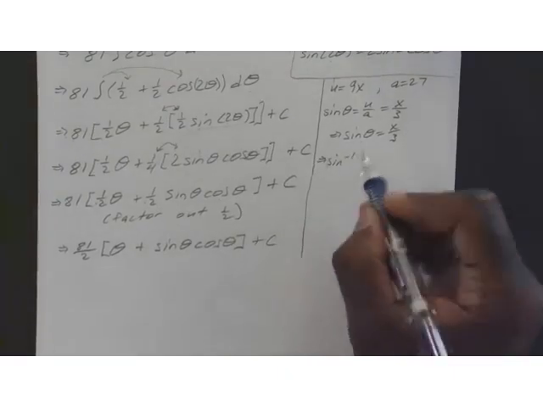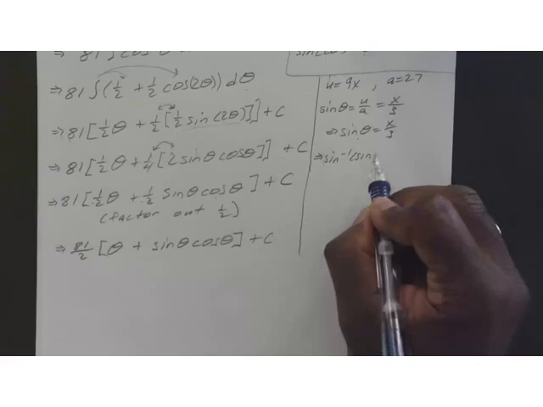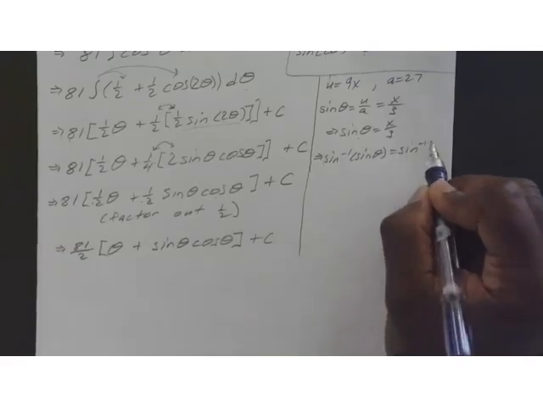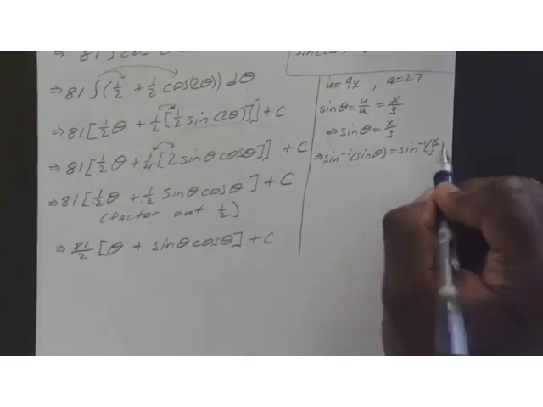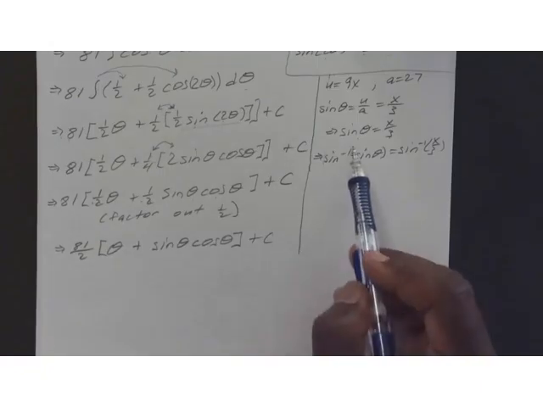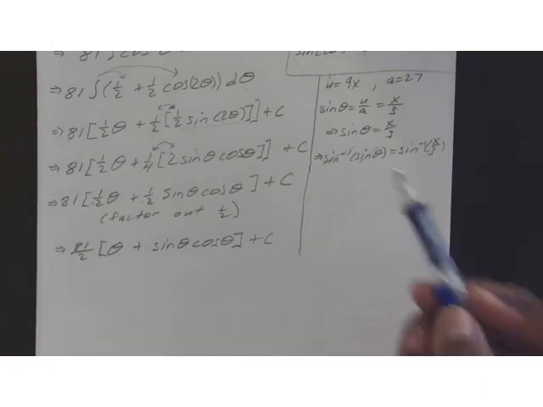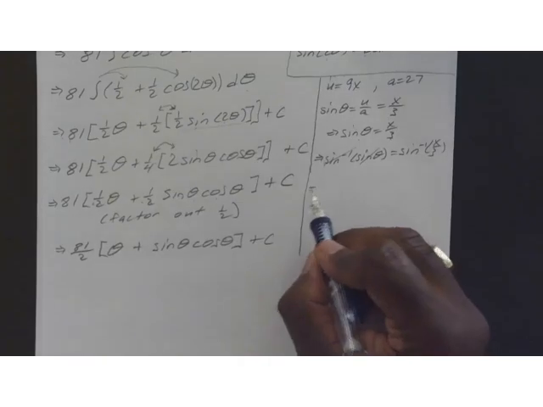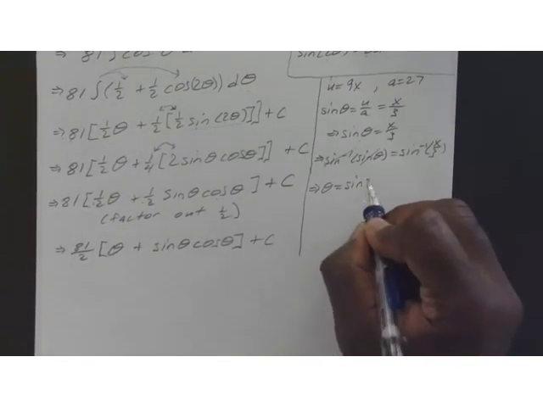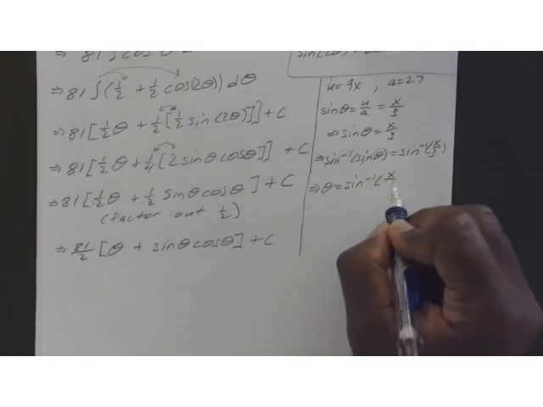So we have sine inverse of sine of theta is equal to sine inverse of x over 3. Again, the sine inverse and sine cancel each other out. That means we know that theta is equal to sine inverse of x over 3.